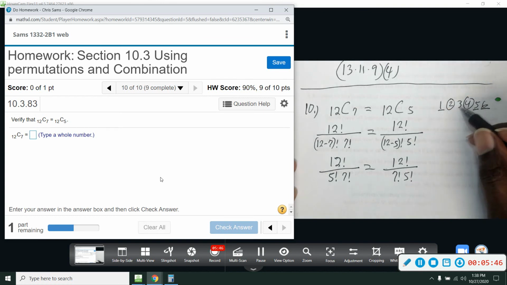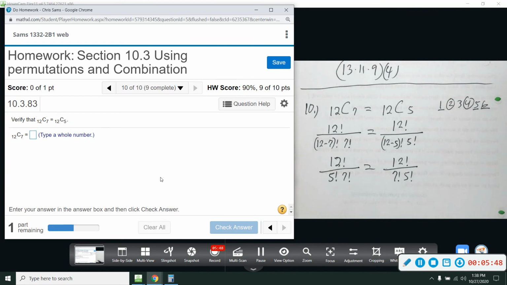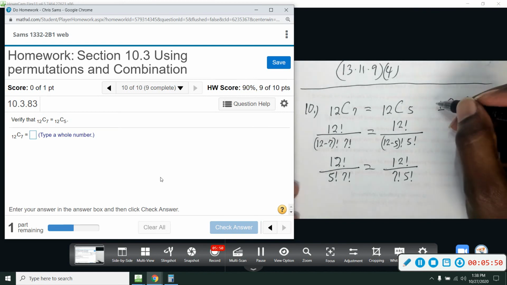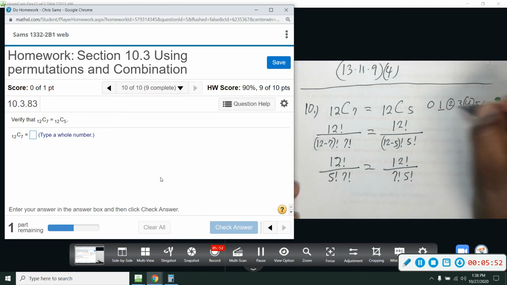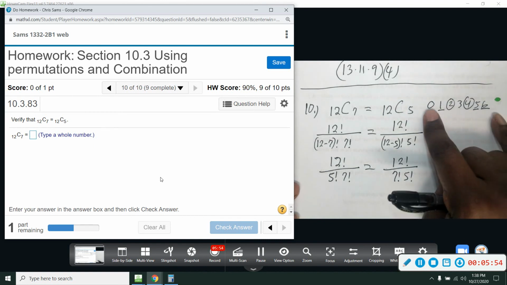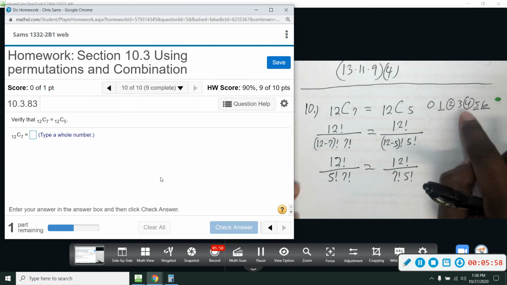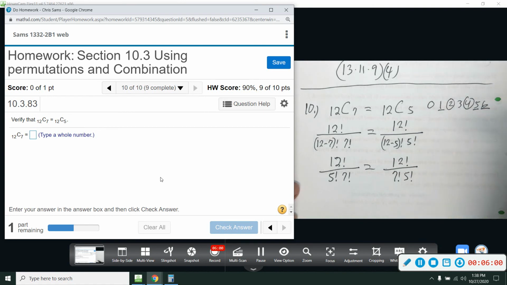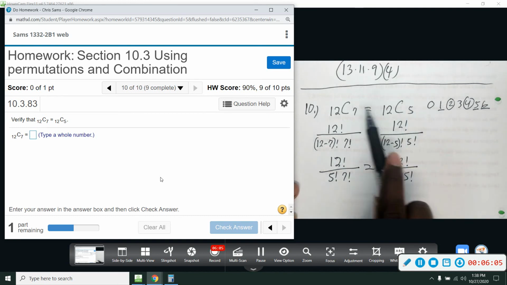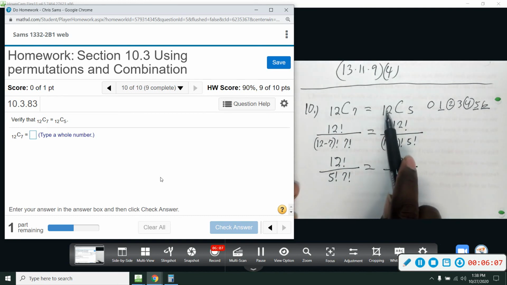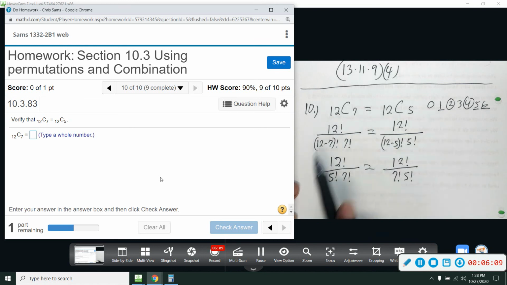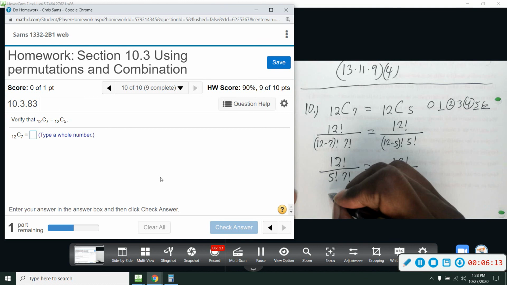And then 6 choose 3 will be the last one. I could have that 0 with 6, 1 with 5, 2 with 4, and then you have that 3 by itself in the middle. So that's what this rule says, symmetry. Since 5 and 7 add to be 12, and that's what our big number is, then those will be symmetric. So then we can just finish solving one side.